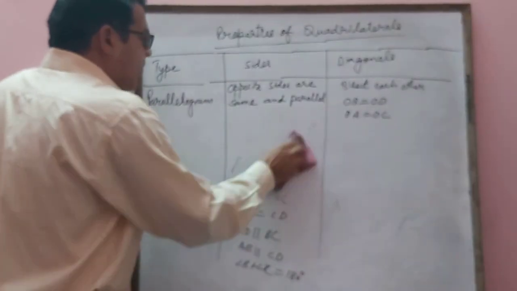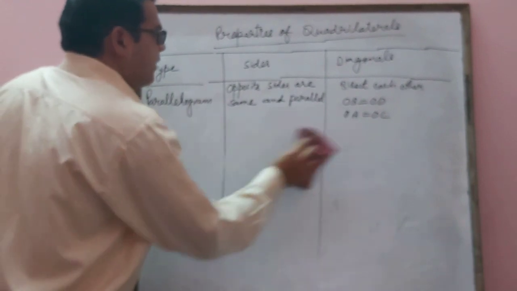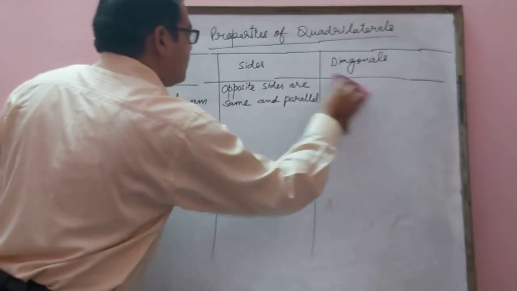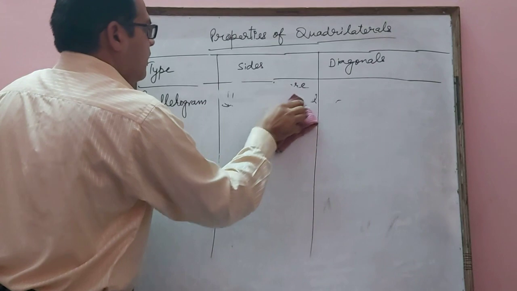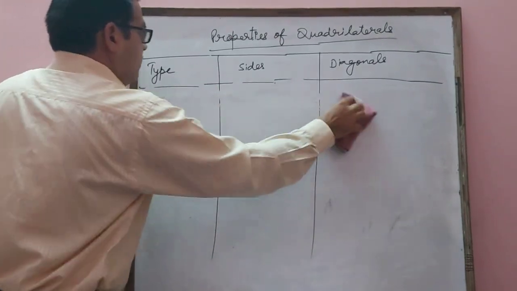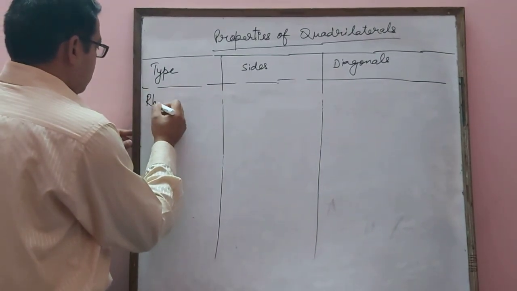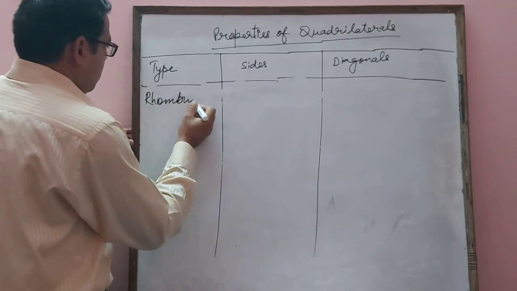Now the second type I am taking here is the rhombus.